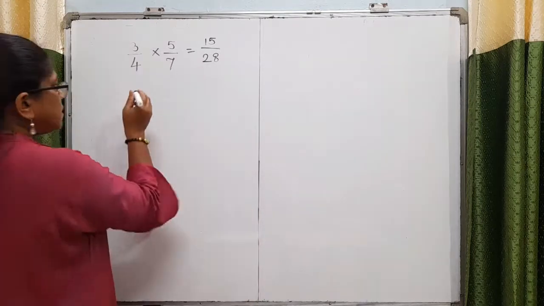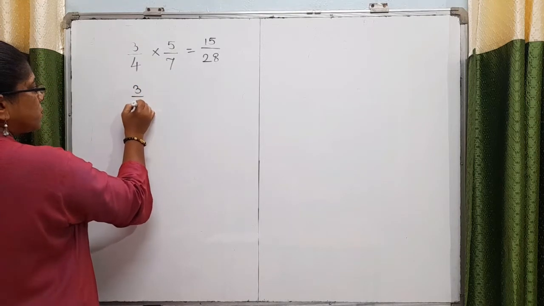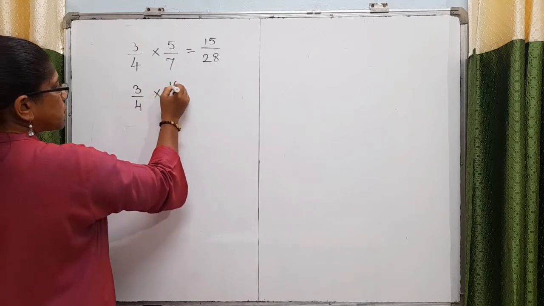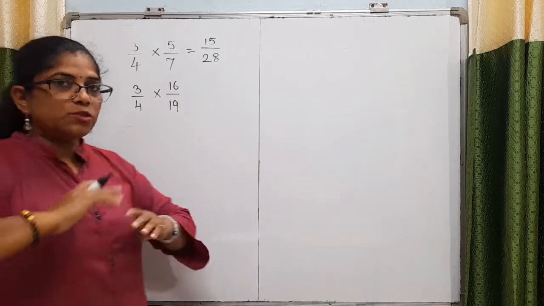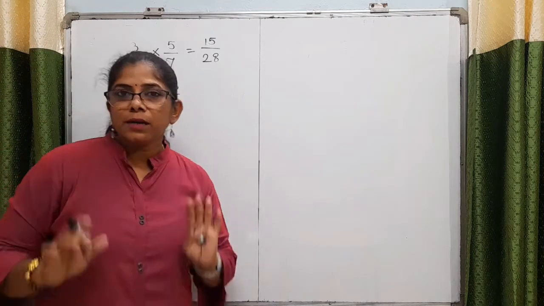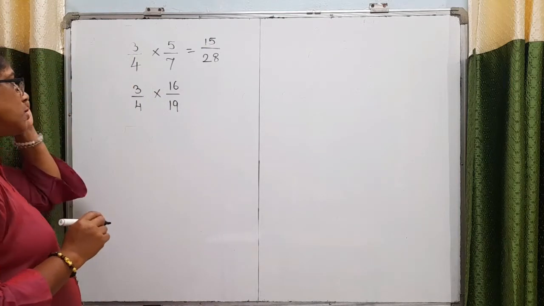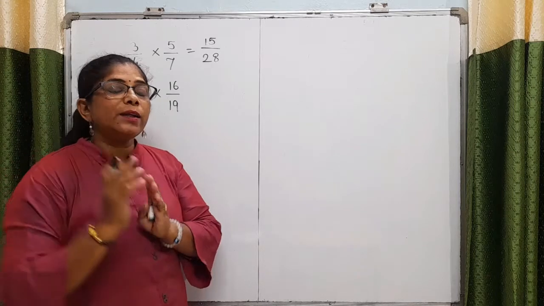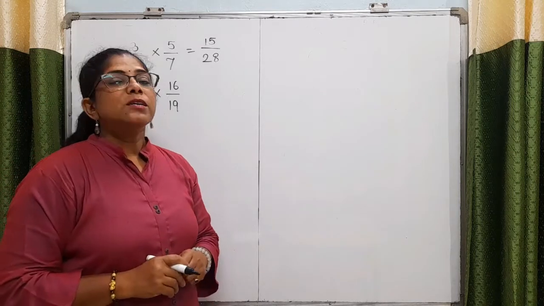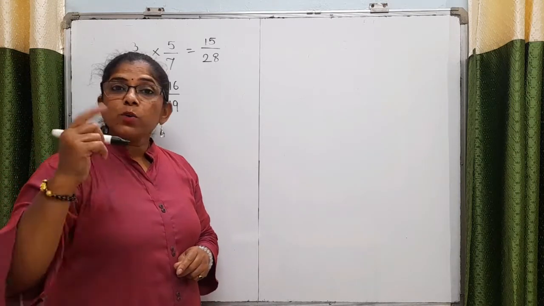Second rule. 3 upon 4 into 16 upon 19. Okay, rule is same. We have to multiply the numerators and denominators. But here, just check the numerators and denominators of both the fraction. Check whether we can convert it to lowest form.